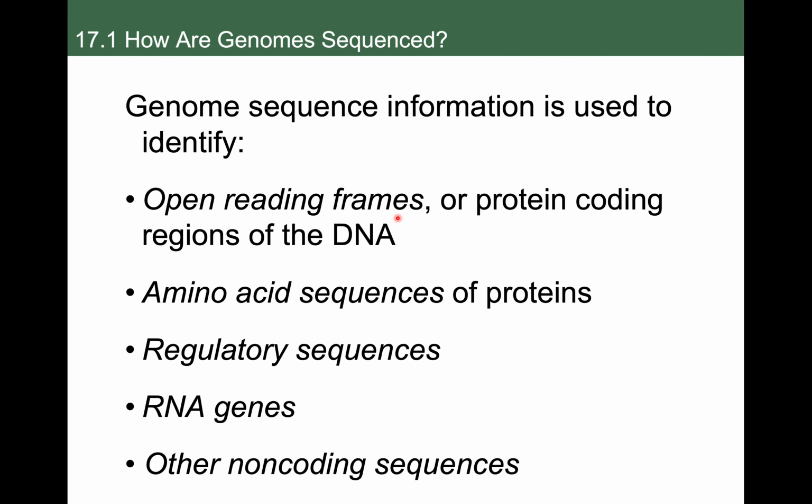And we can identify those, or computer programs can identify those pretty easily, because remember, every gene starts with a start codon, ends with a stop codon. It's usually preceded by its own promoter sequence, or other regulatory sequences. So we can find those genes, we can find those regulatory sequences.